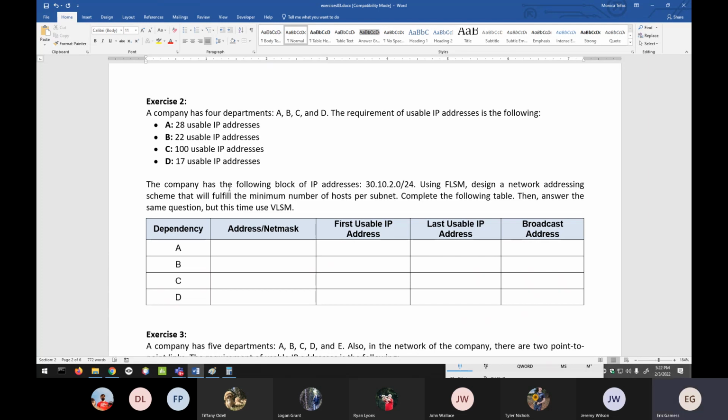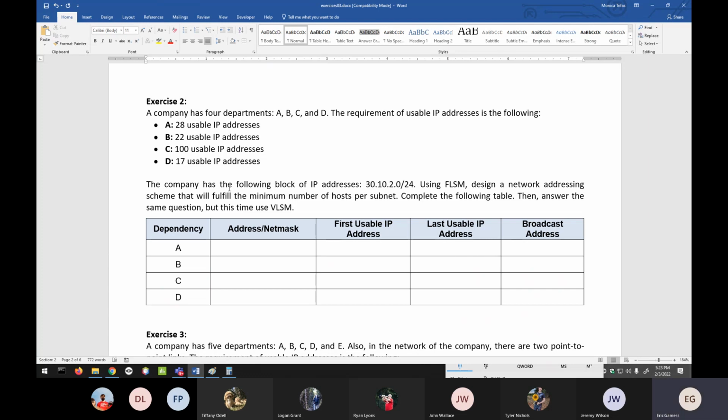Because if I want to fulfill the need of C, I cannot give C less than 128. So if all the subnets are of the same size, I have to give all of them 128. So I satisfy the need of A, B, C, and D if I do 128.